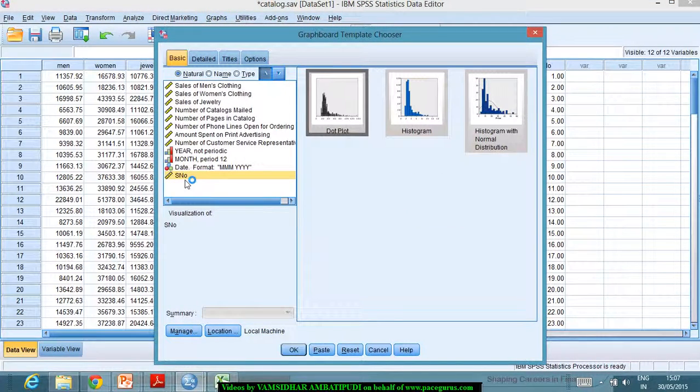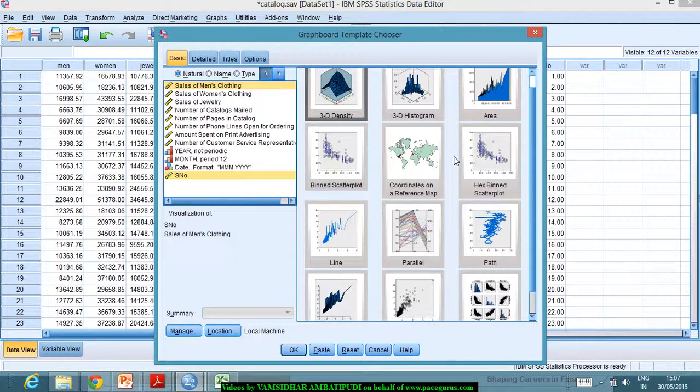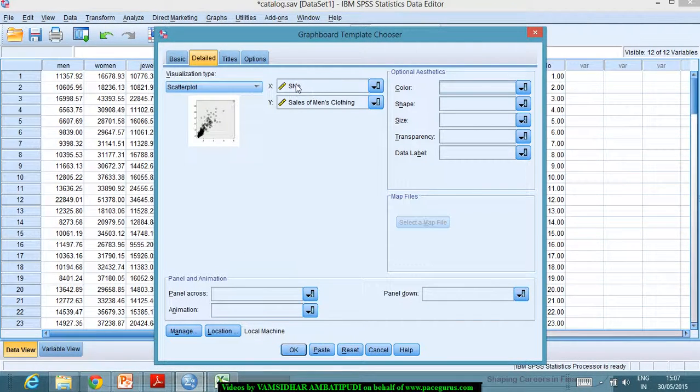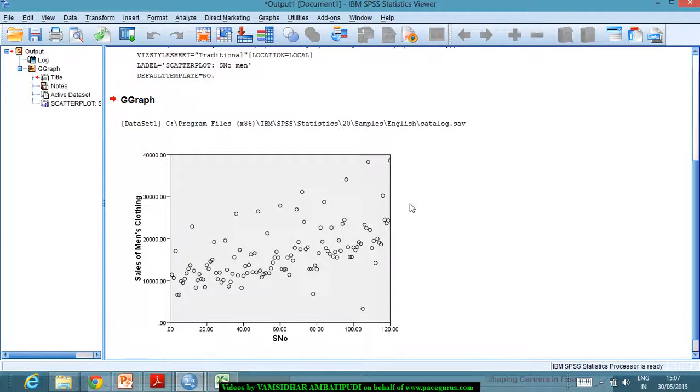I'll take a graph between the serial number and let's say the sale of men's clothing. Between these two, it says that I can very well go with a scatter plot. And when I'm going with the scatter plot, I'm taking the x-axis as the serial number and the y-axis as the sale of men's clothing. Now the graph is giving me some kind of U shapes.